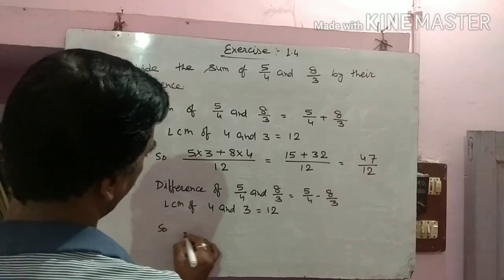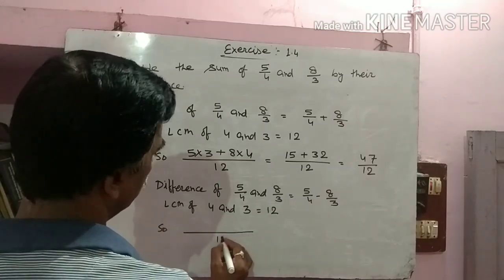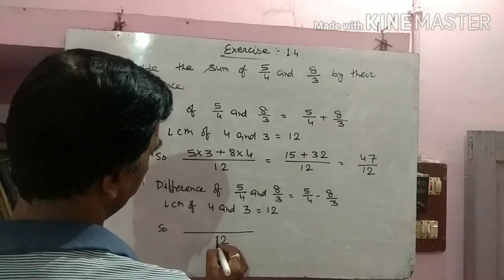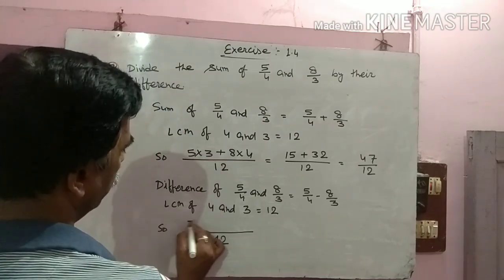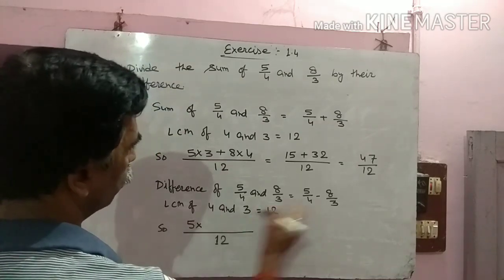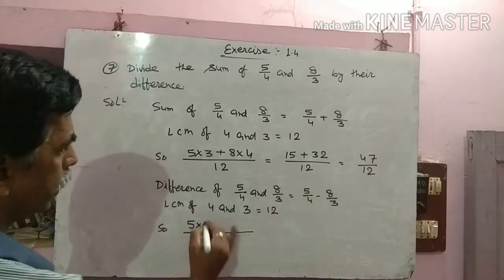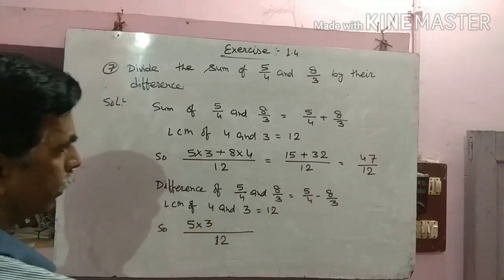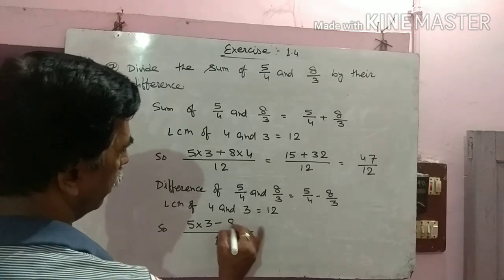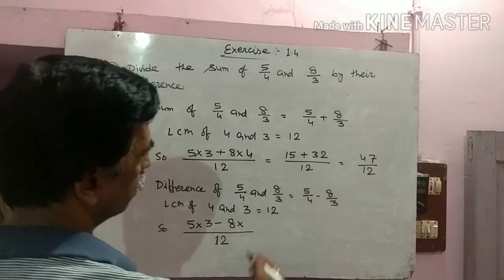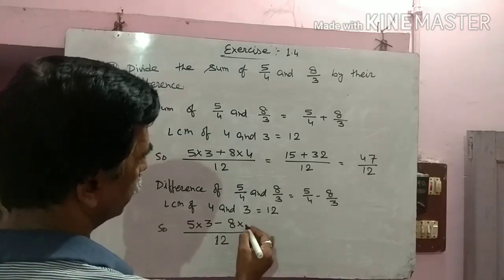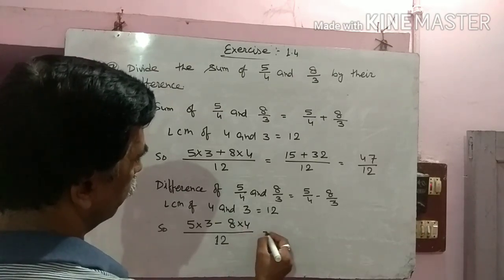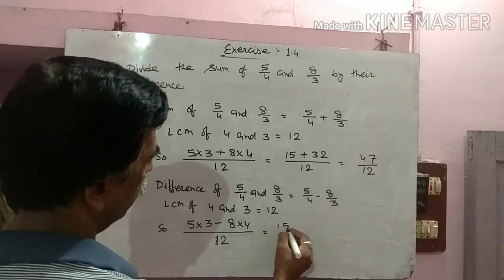So the LCM becomes 12, and the numerator is 5 into 4 3s are 12 minus 8 into 3 4s are 12, which is 15 minus 32 by 12.